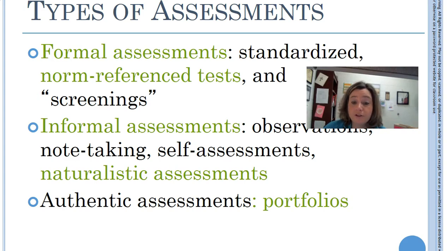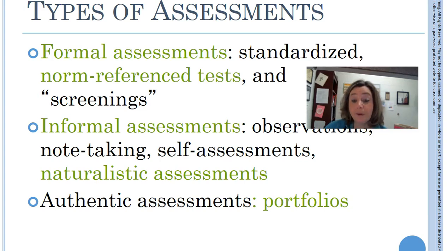And so portfolios are actually a really cool idea, because basically what the teacher does is they collect the children's work over the course of the time that they are with the child. And so it really is a great way to document the growth that a child has had over the course of the year.